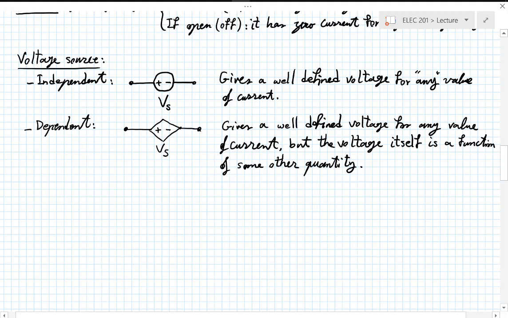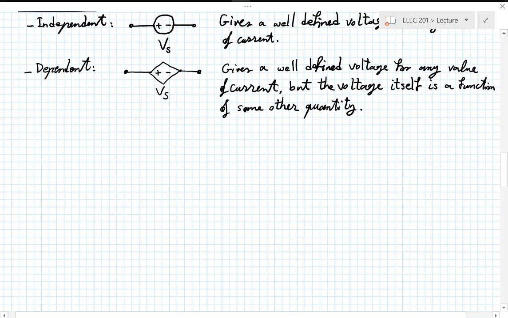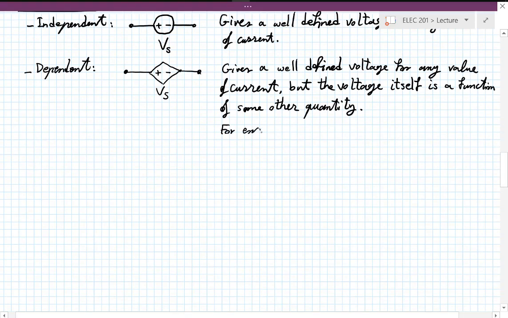So this Vs in this case, instead of being 1.5 volts fixed, could be, for example, 8.5 times V1.